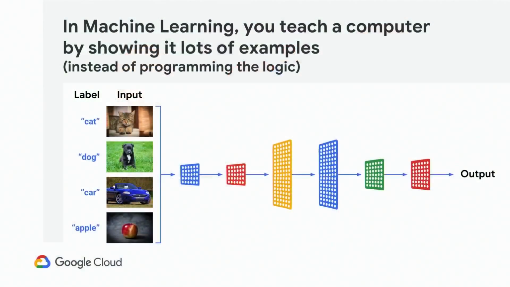Well, it turns out that in machine learning, you're teaching a computer by showing it lots of examples. The traditional way that you teach a computer, of course, is by programming the logic, by writing a bunch of rules. But in ML, you change that around. Instead, you show it a bunch of examples that all have labels. So for example, if you want to teach a computer to identify what's in an image, you give it a bunch of images, and corresponding to each of those images, you say what the true answer is, the label.